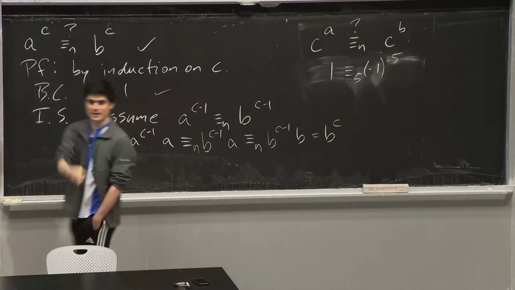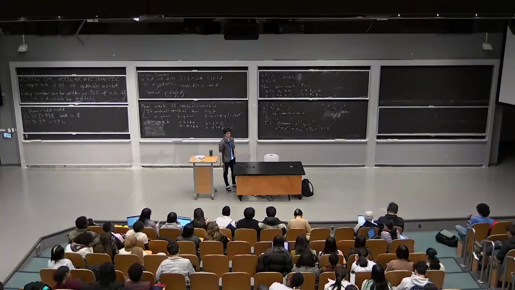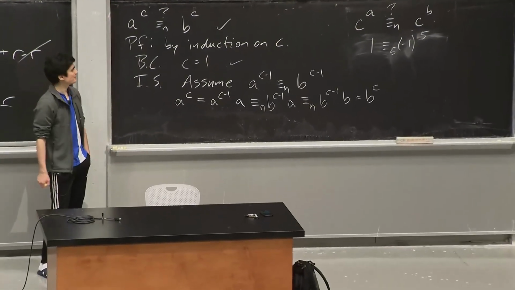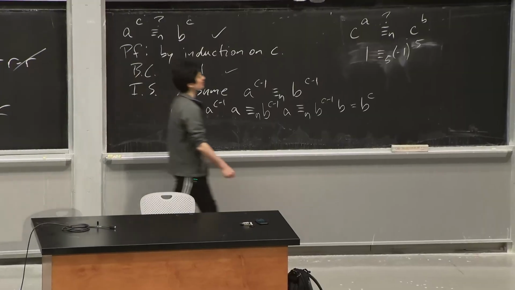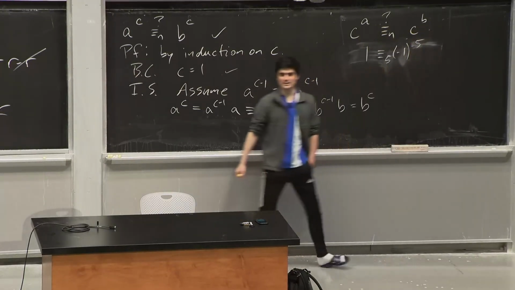Yes, anything to the 0th power is 1. That's fine. The problem is, we're subtracting a from both of these exponents.